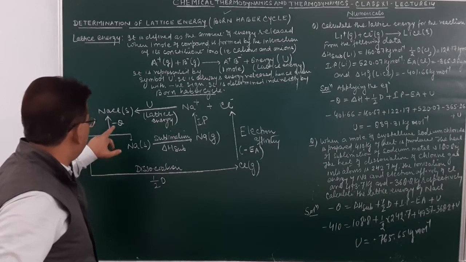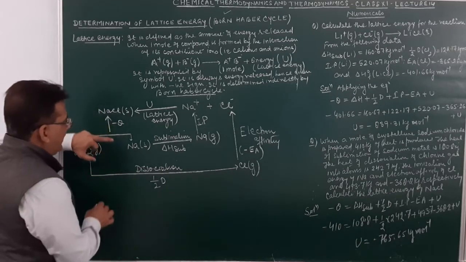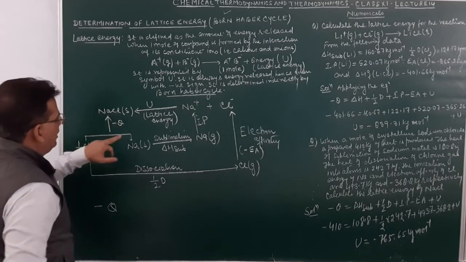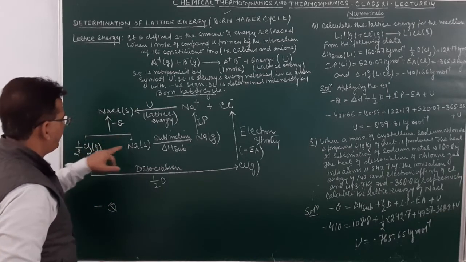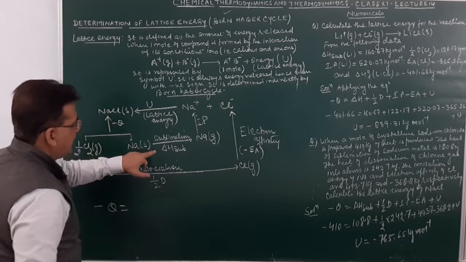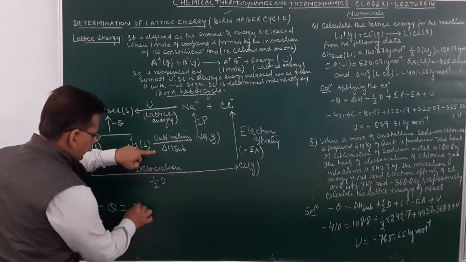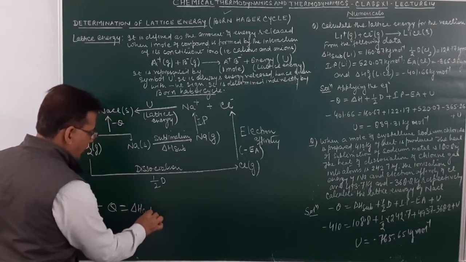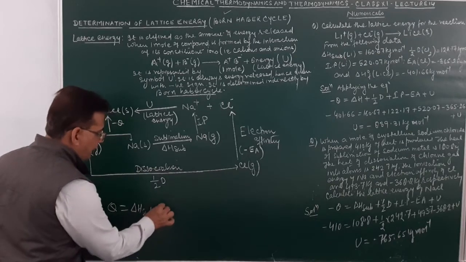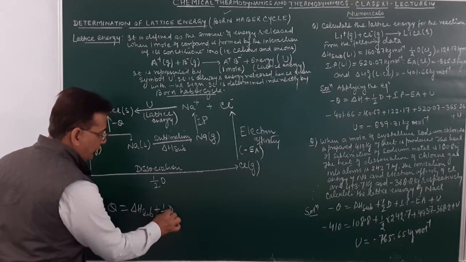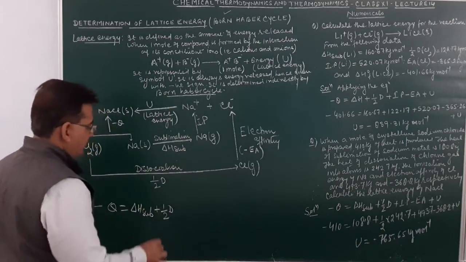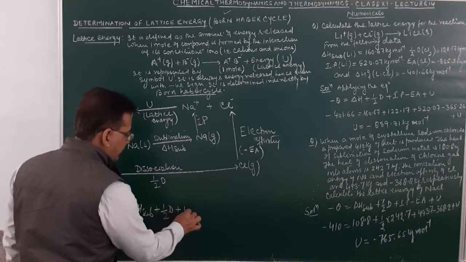What is this over here? The energy released, minus Q, by combination of sodium and chlorine will be equal to the enthalpy of sublimation, plus half of dissociation energy. Then the energy required will be the ionization potential.